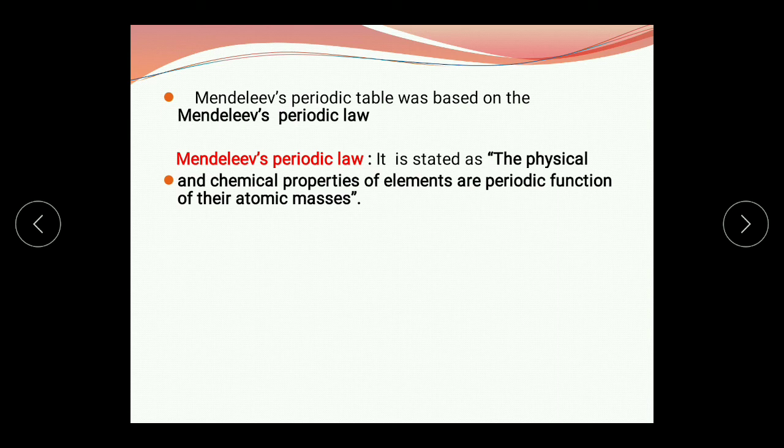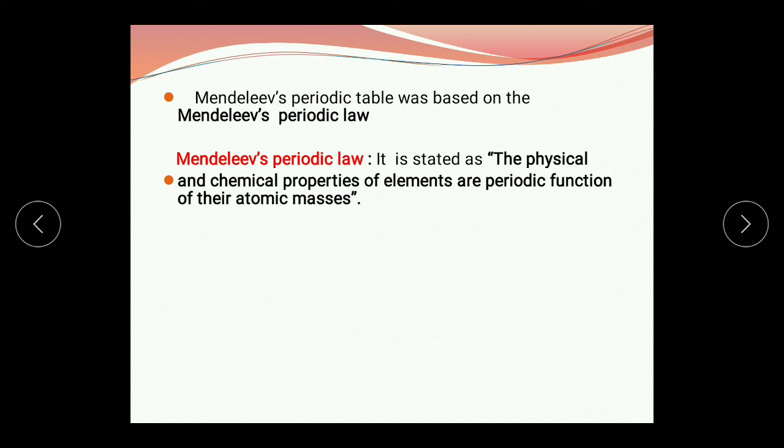The one is a periodic function. The physical and chemical properties you understand by that. The properties of the elements, they are the periodic function of their atomic masses. It means after a certain period, a property repeats. Here we can say after a certain number of elements, a new element with similar property reoccurs.